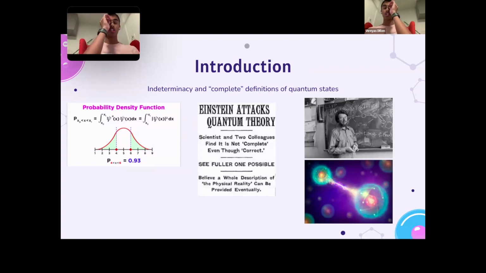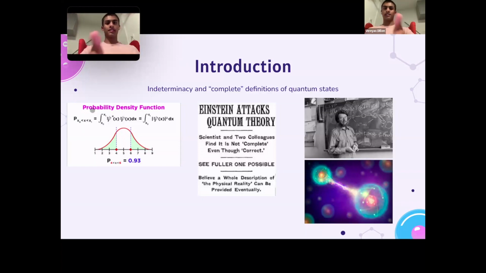With quantum mechanics, on the other hand, there is not that determinacy where you can determine the outcome of something. Quantum mechanics has indeterminacy. Instead, it's probabilistic. So instead of being able to tell exactly where something is, you have the probability of where something is.